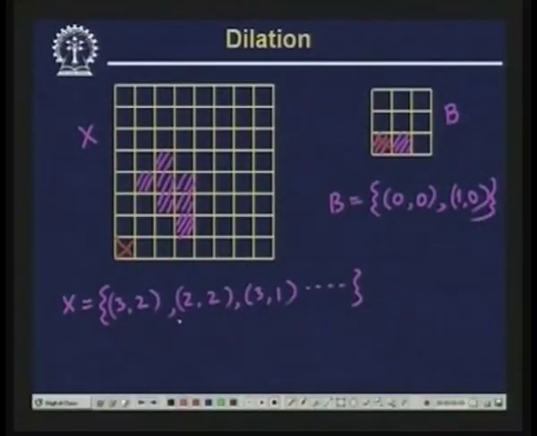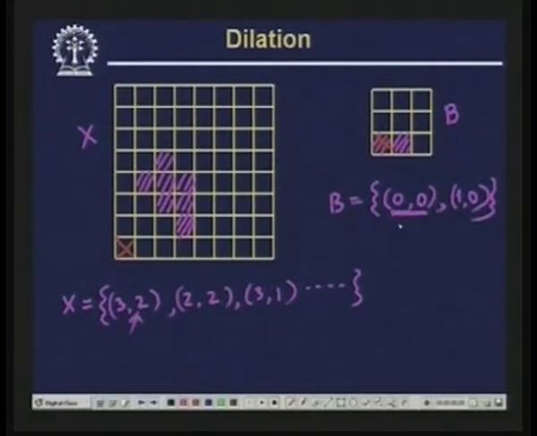Take a point from set X, take a point from set B, do the vector addition of these 2 points, and the resultant vector is a member of X dilation B. So, when I add all the points in set X with the first point in our structuring element capital B, which is 0, 0, every vector from set X remains the same when it is added with 0, 0.